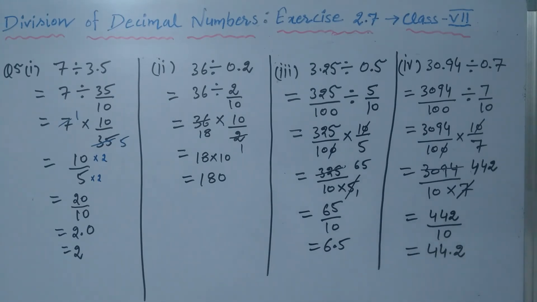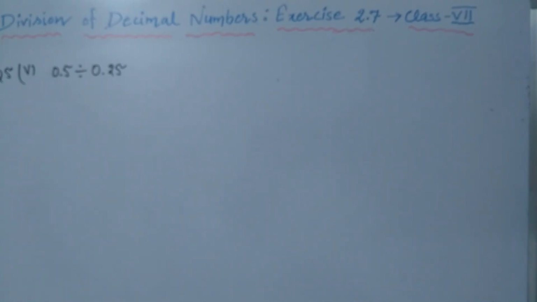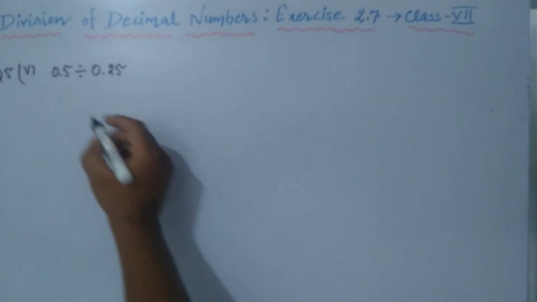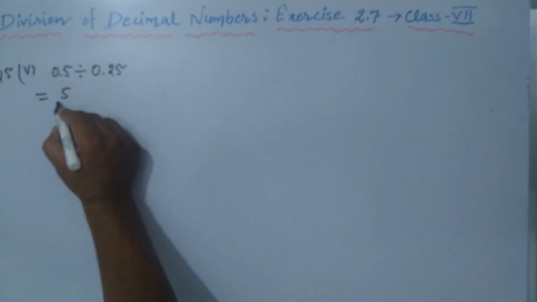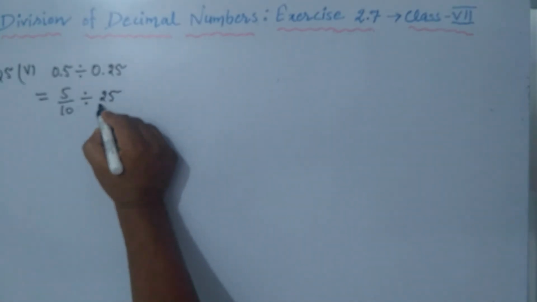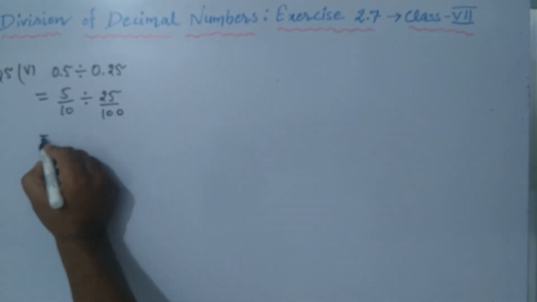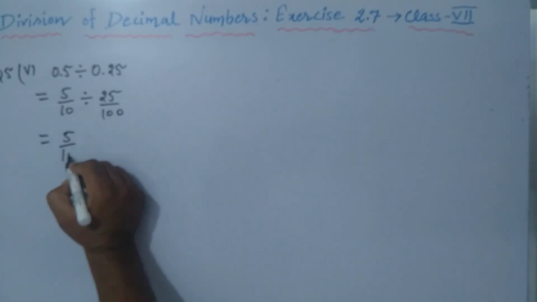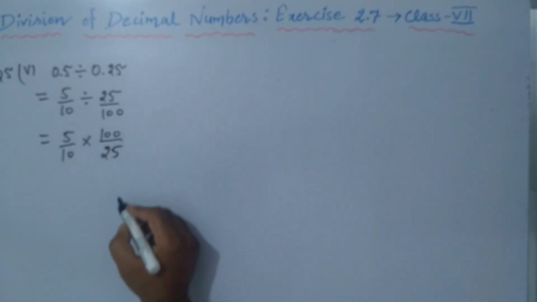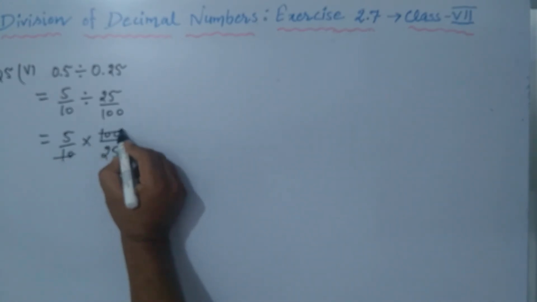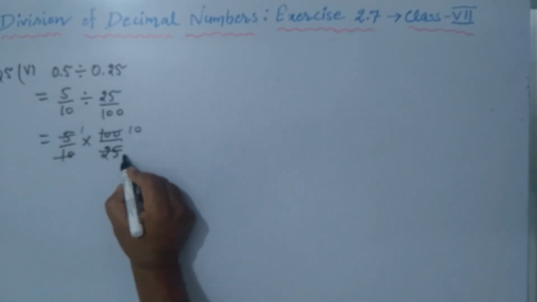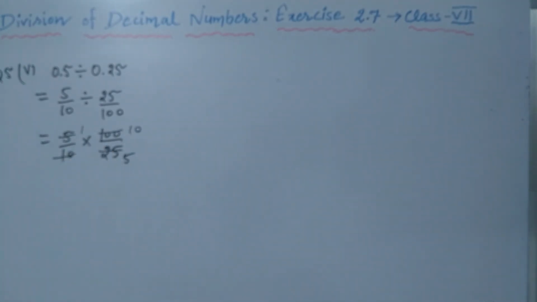44.2. So our next part, 0.5 divide 0.25, which is equal to 5 upon 10 divide 25 upon 100, mean 5 upon 10 into 100 upon 25. 10 tens are 100, 5 ones are 5, 5 fives are 25.